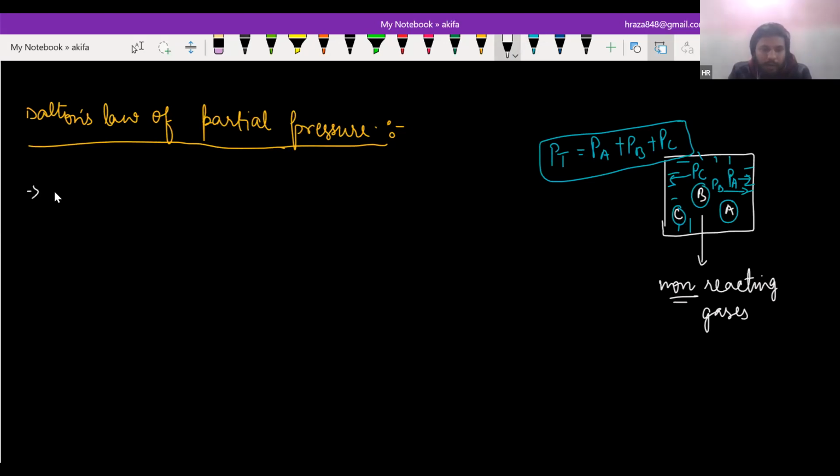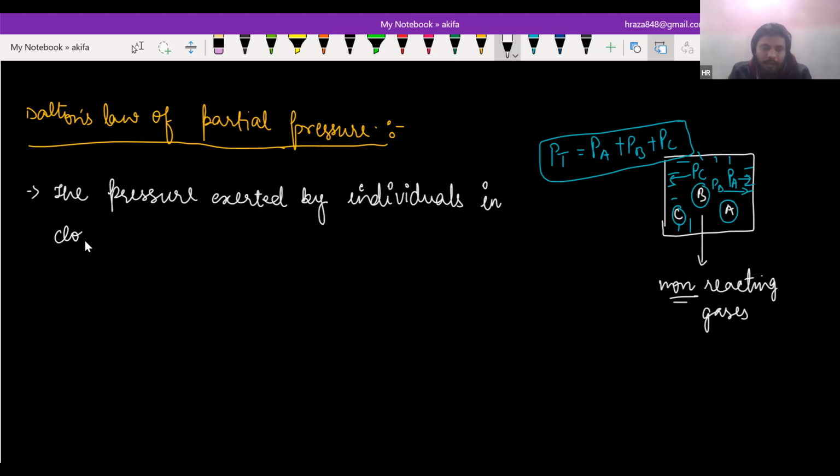The first point you are going to write: the pressure exerted by individual gases in a closed container.